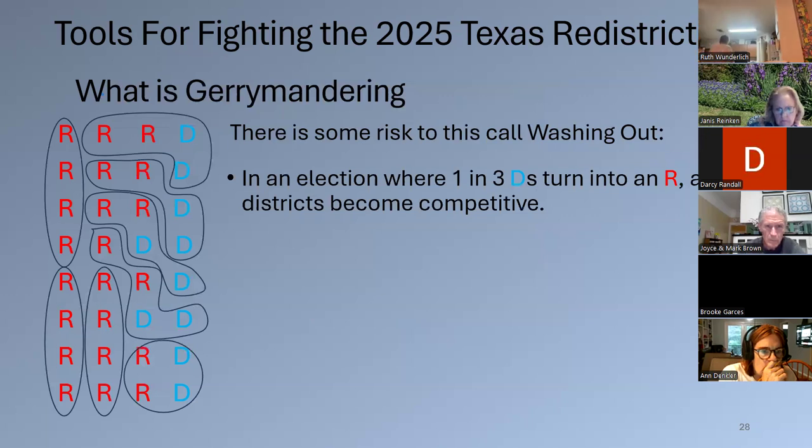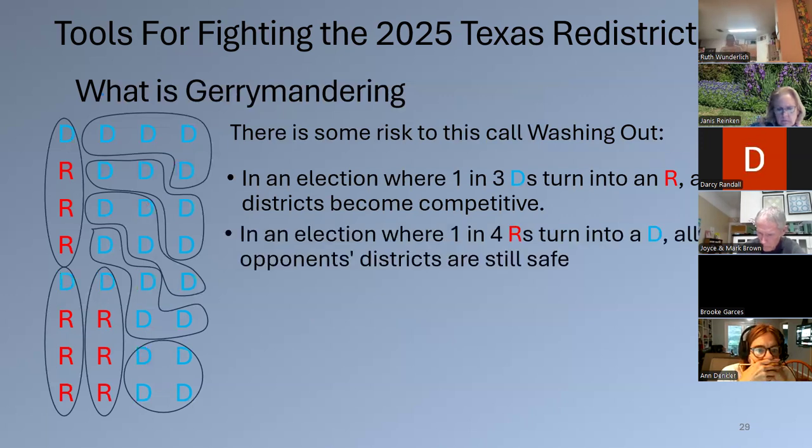All of a sudden, every one of your districts becomes competitive if it's an R swing election. Conversely, if it's a D swing election, nothing changes. They still have 3 districts. So the only danger of washout is to the people who threw the gerrymander, and that's because they're a little thinner in their districts.